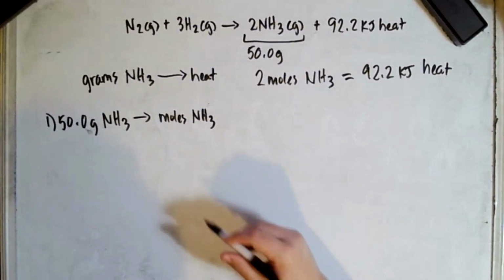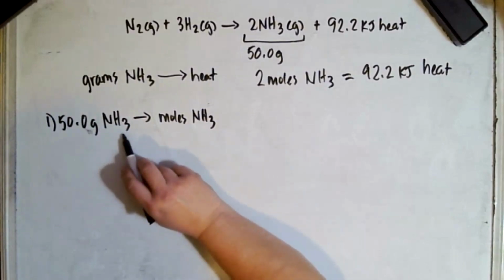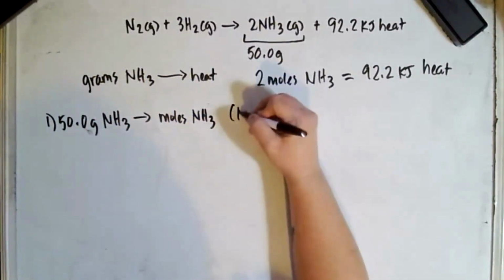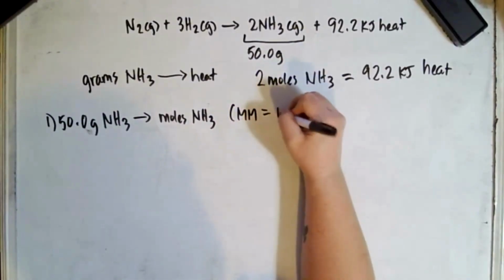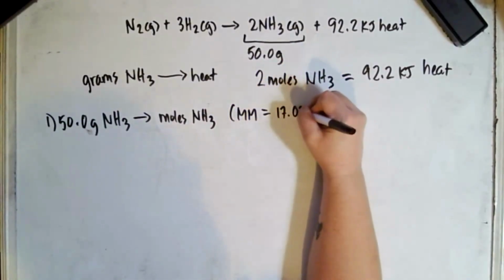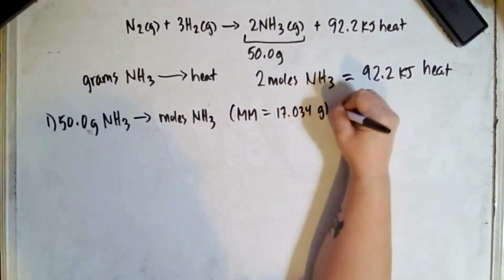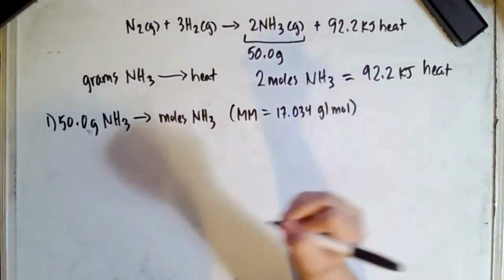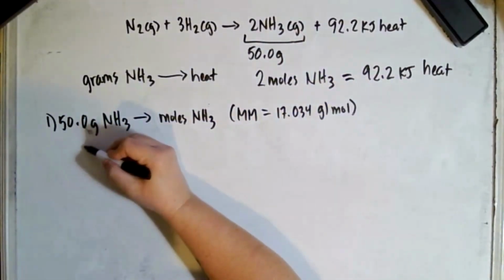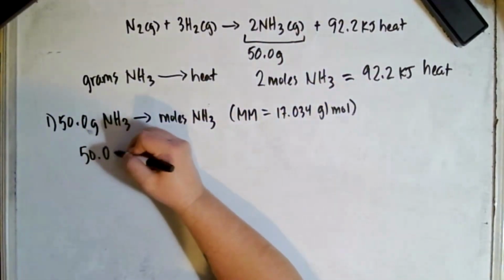Okay. So we're going to use the molar mass of ammonia for this, which we've already calculated in our last slides. It's 17.034 grams per mole. And we're going to take our 50 grams.